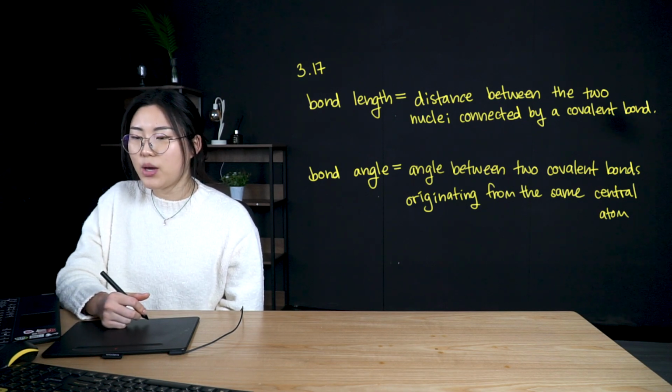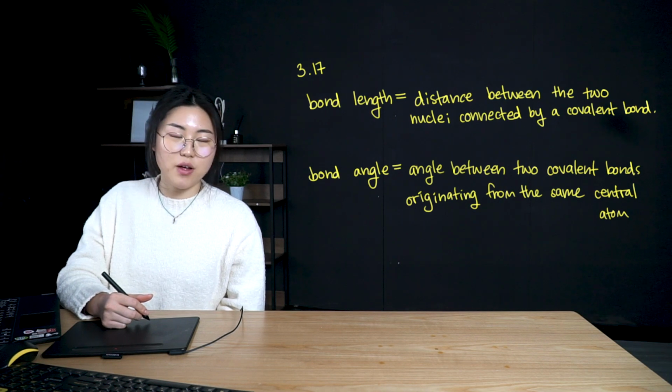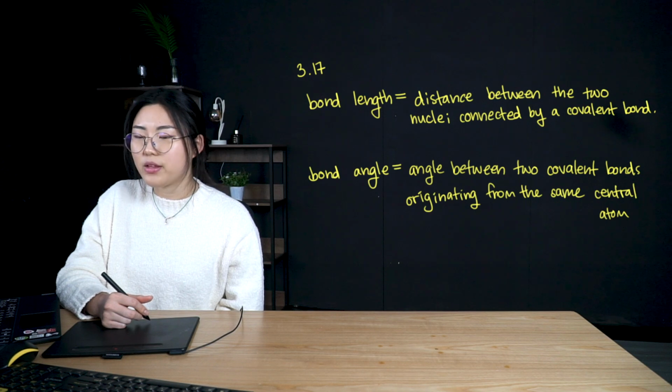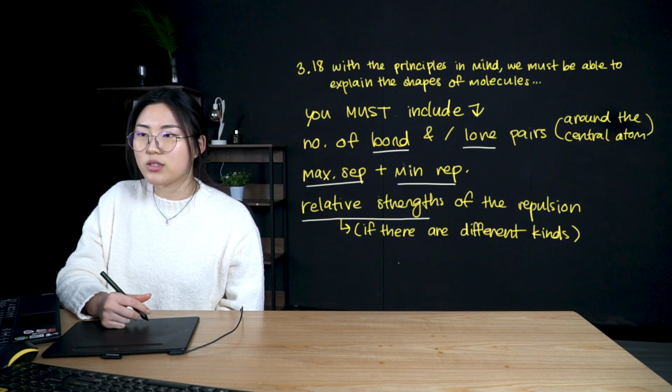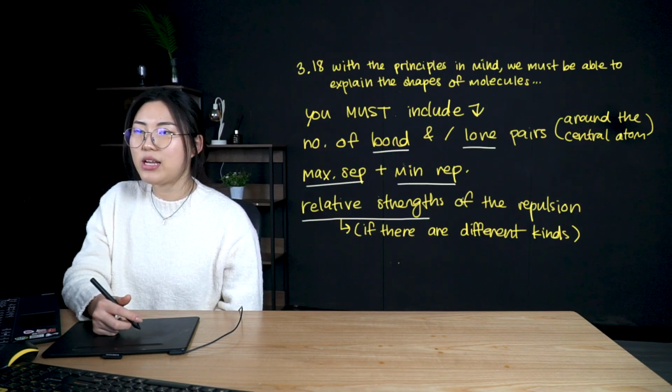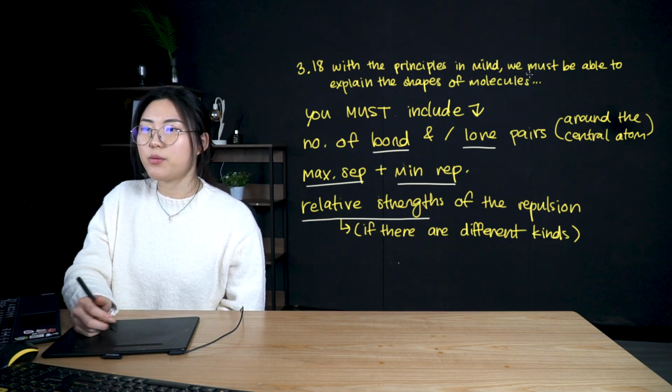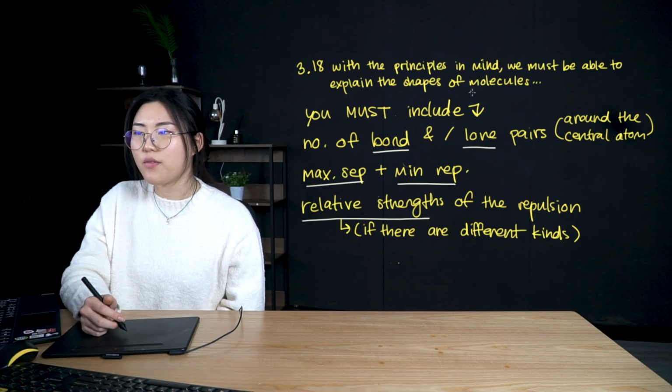So we will be applying the electron repulsion theory, and the bond length and bond angle, into our shapes of molecules. So 3.18. With the principles in mind, we must be able to explain the shapes of molecules.